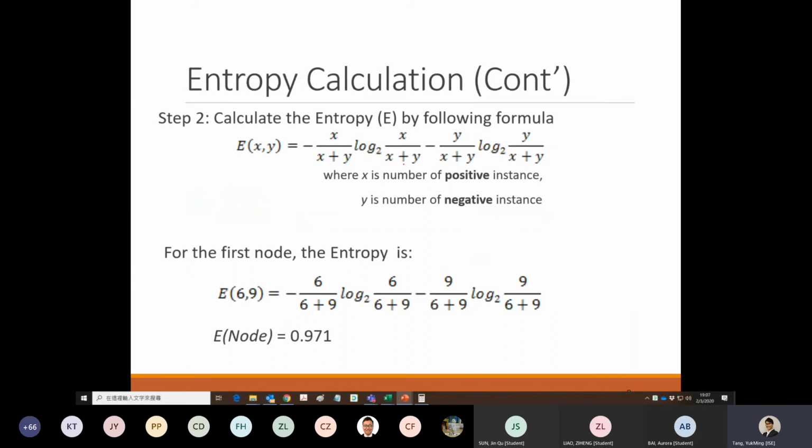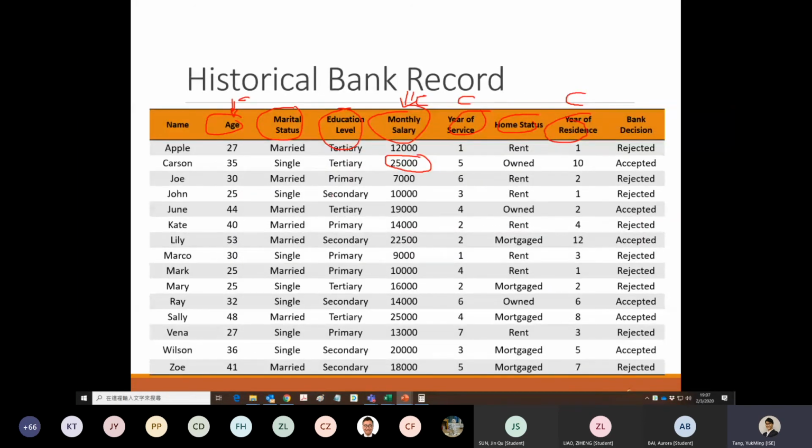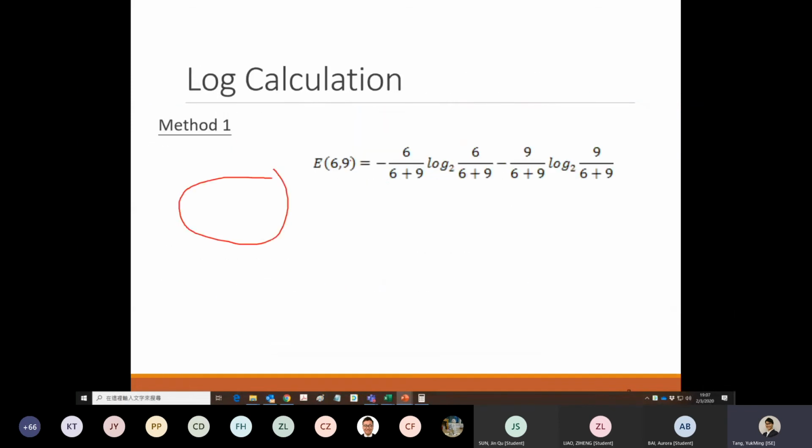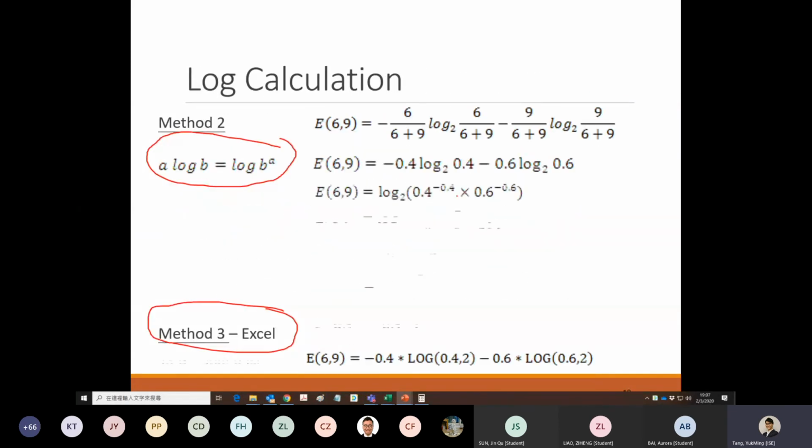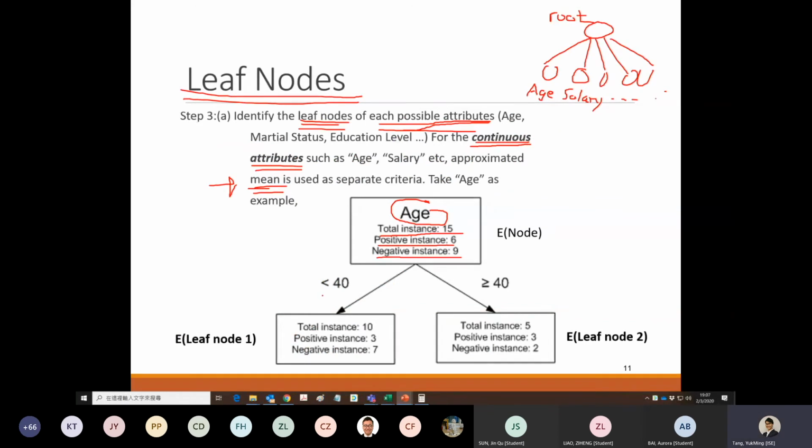We go back here and calculate the mean value for this age: 27 plus 35 plus 30 plus 25 plus 44, and so on, divided by 15 is the mean age. By using this mean value, we can further divide them into two different loops, leaf loop 1 and leaf loop 2, based on the mean age.